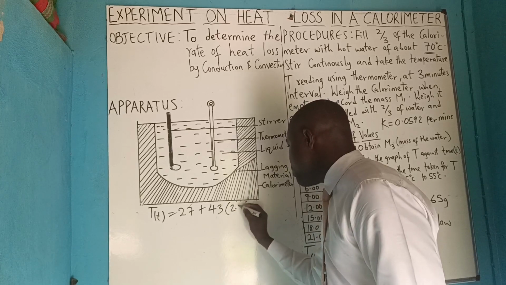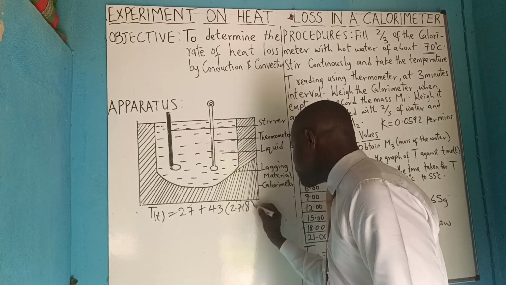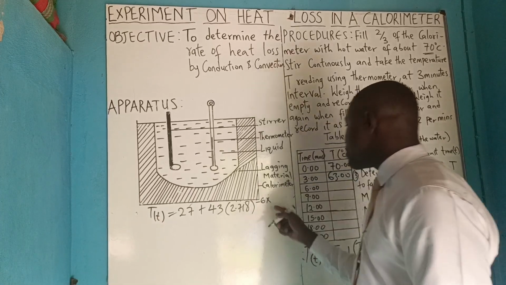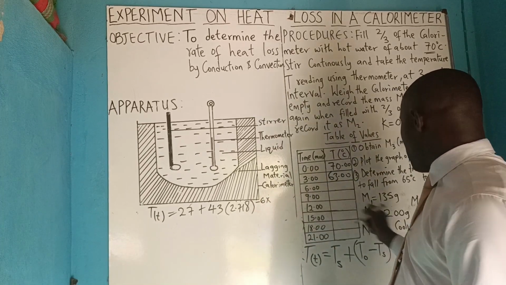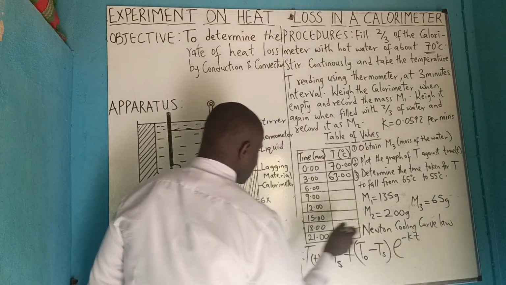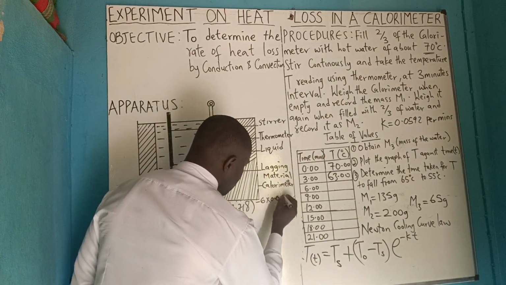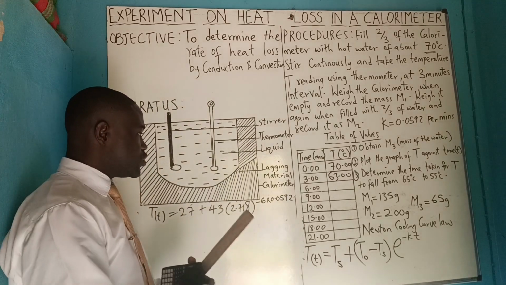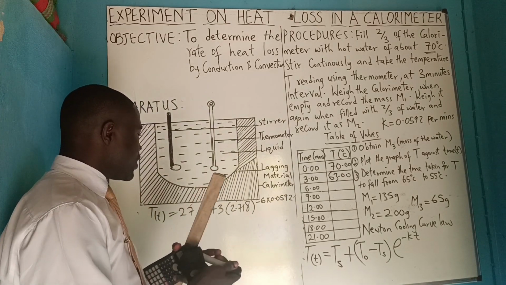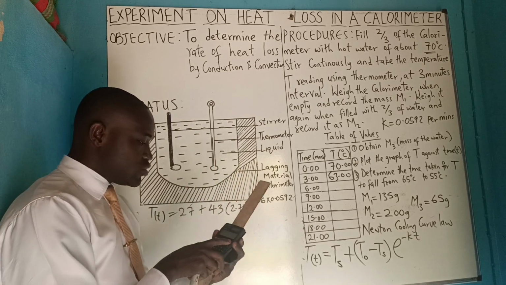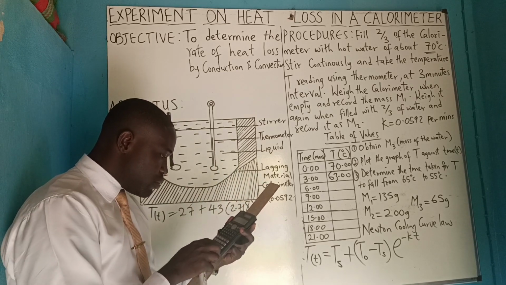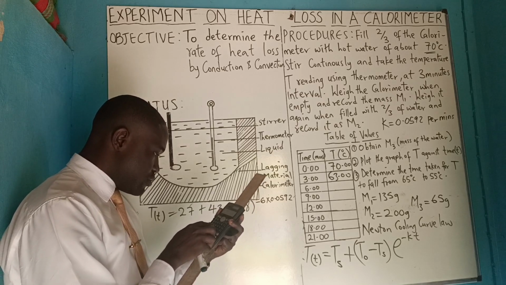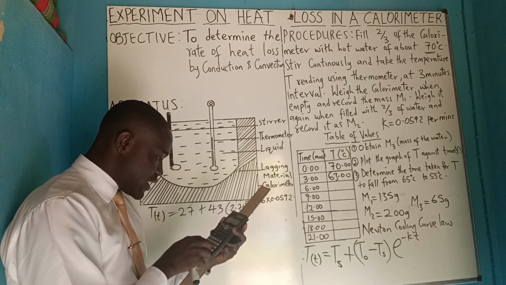Then bracket 2.718 raised to the power of minus 6 times what is your K? 0.0592. You just use your calculator to compute it. I'll just say 27 plus bracket 43.